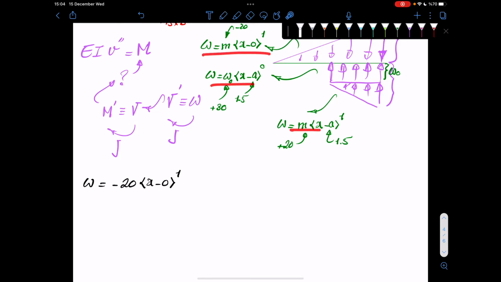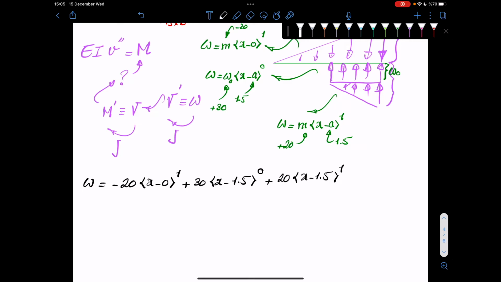Then we just add this to it. Plus 30 times x minus 1.5 to the power 0 plus 20 times x minus 1.5 to the power 1.